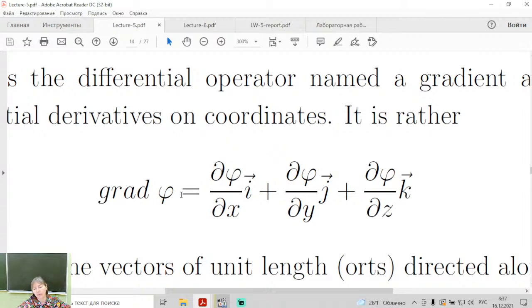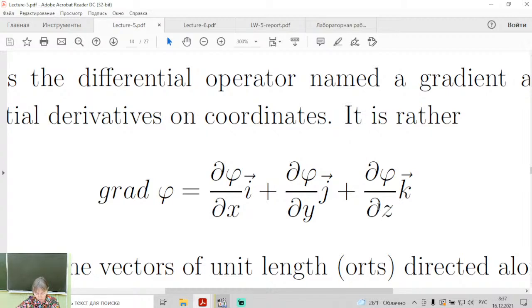Gradient. We can write down the gradient using partial derivatives, where i, j, and k are the vectors of unit length, or orts, directed along coordinate axes Ox, Oy, and Oz accordingly.